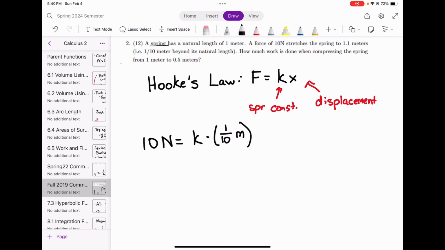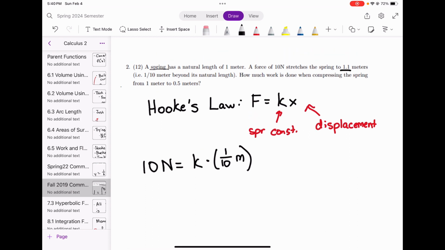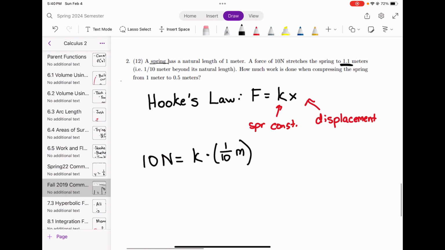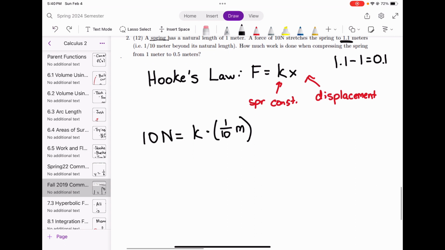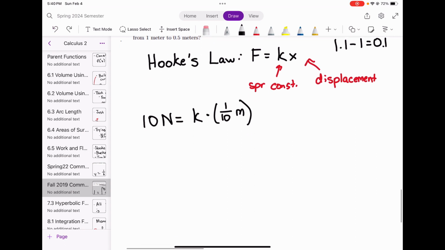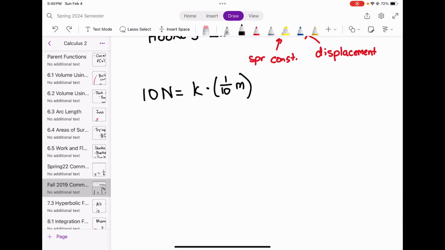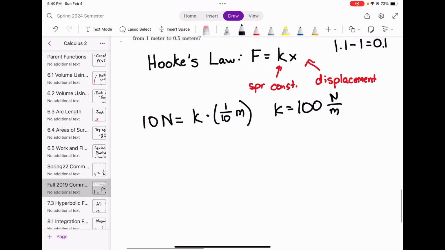And they tell us 1.1 meters here, but the natural length is 1 meter, so we have to do 1.1 minus 1. Over here they say 1/10 beyond its natural length, so in this question they give us that point, but most of the time they don't do that. Okay, so K is equal to 100 newtons over meters. The unit probably isn't important at this step, but I guess write it down anyways.